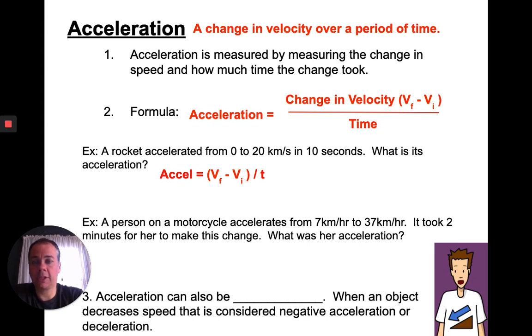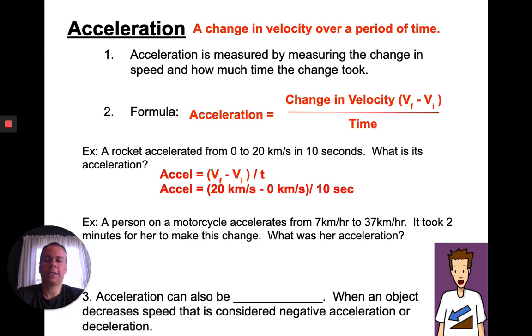Its initial velocity was 0 kilometers per second. And the time it took was 10 seconds. 20 kilometers per second minus 0 kilometers per second divided by 10 seconds. Do my math: 20 minus 0 is 20, divided by 10 is 2.